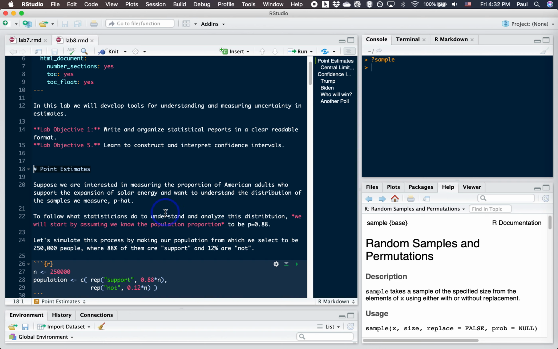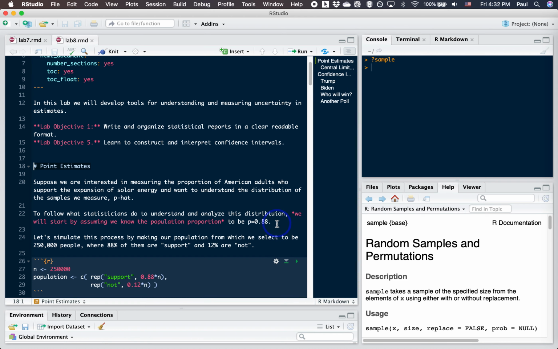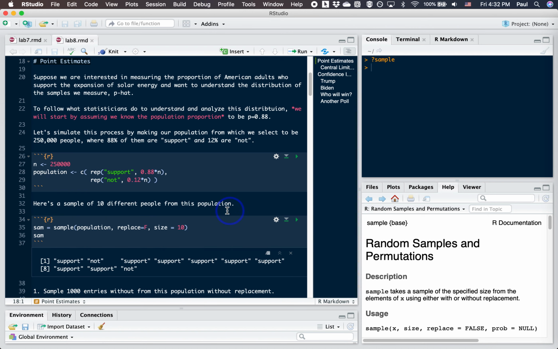The example we're going to look at is the proportion of adults in America that support the expansion of solar energy. We're assuming we know it to be 88%, and we're going to simulate this. We could use 250 million like the textbook, but it slows your computer down to have that much data, so I'm going to make a smaller population of 250,000.